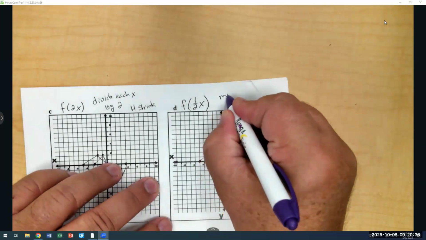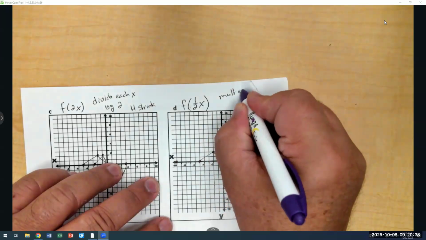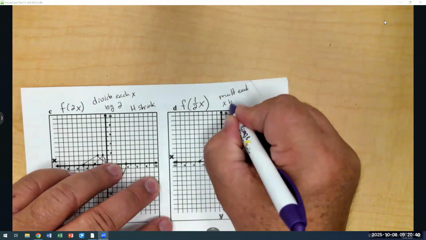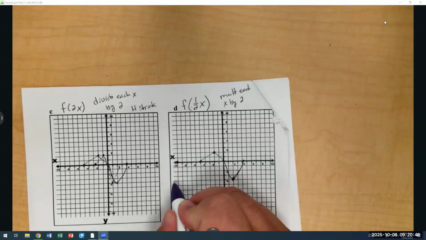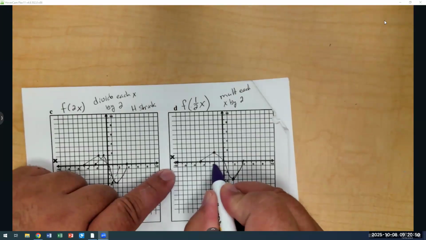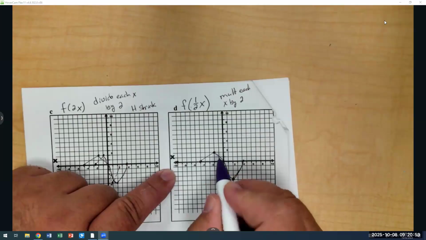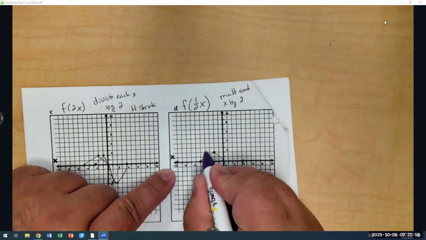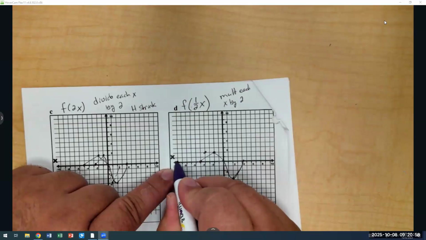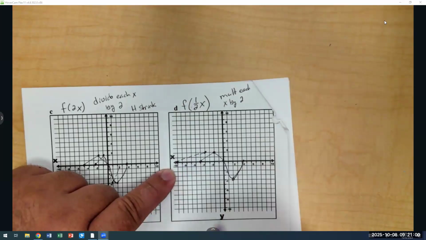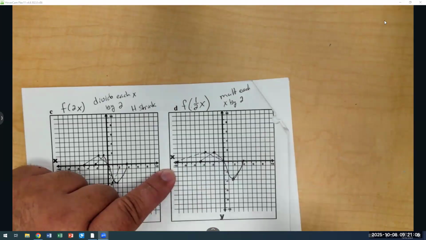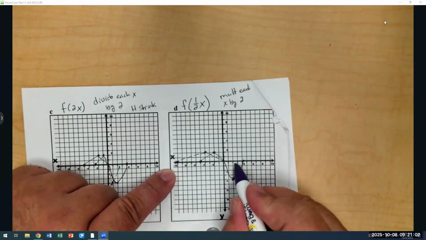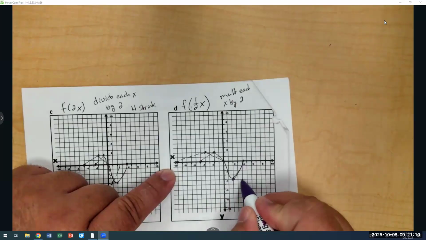Here you multiply each x by 2. So the first one becomes negative 10, 0. Next one is at negative 2, 2. This becomes negative 4, 2. The 0, 0 stays there. 2 becomes 4, so we have a point there.